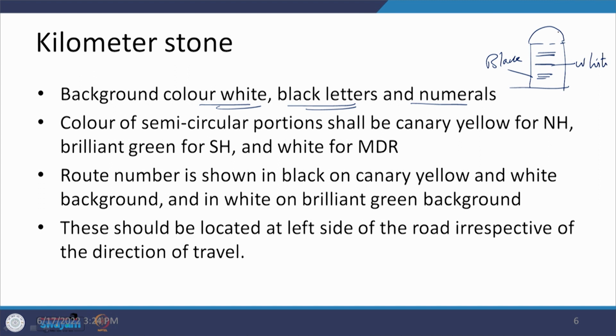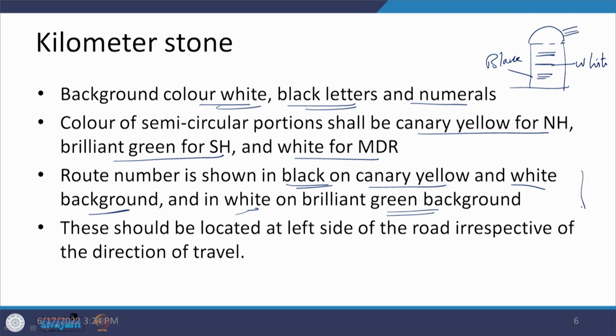But when we look at this semicircular location, it has a color. It is canary yellow for NH, brilliant green for SH, and white for MDR, and whatever is written on that is going to be written in black. So, it is black on canary yellow, black on a white background, and white on a green background. This is how we are going to place it.